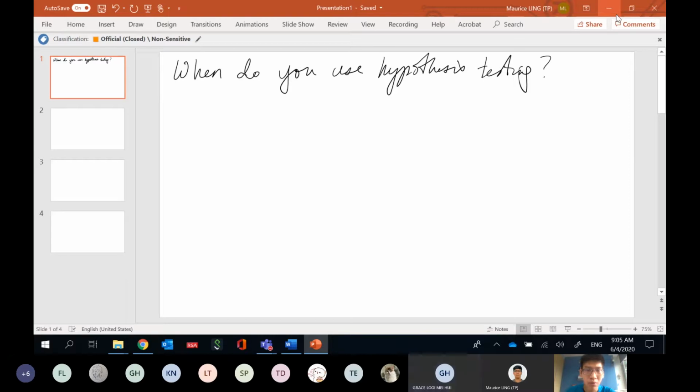So Ihan, you want to say something? Is it when there's like a difference between the mean? Difference between the mean. Okay. That's a bit wider. So yes, you have, okay, so let's say you have verifying a claim.